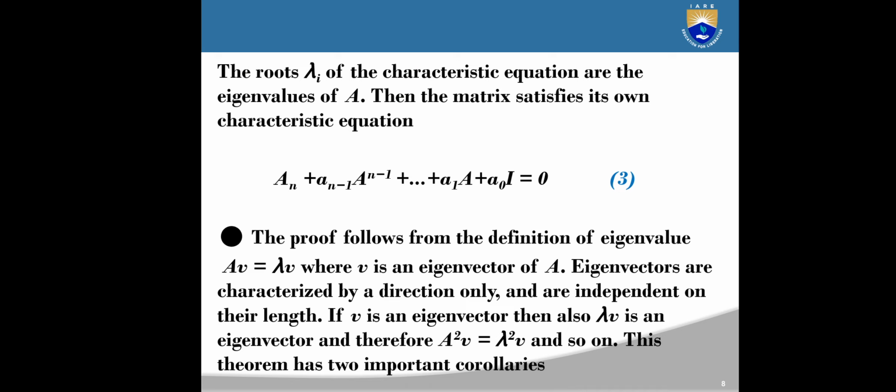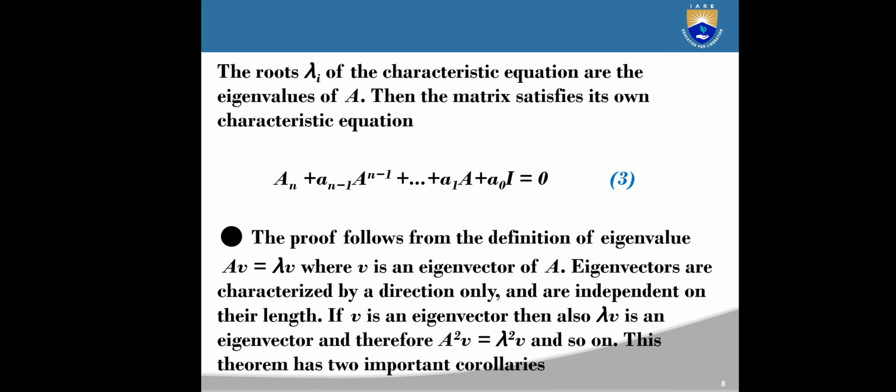The proof follows from the definition of eigenvalue, A nu equals lambda nu, where nu is an eigenvector of A. Eigenvectors are characterized by a direction only and are independent of their length. If nu is an eigenvector then also lambda nu is an eigenvector, and therefore A squared nu is equal to lambda squared nu and so on.